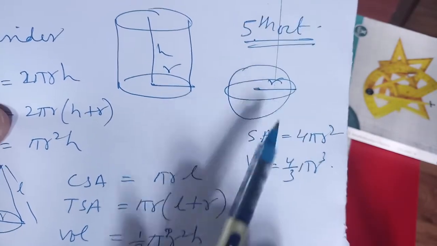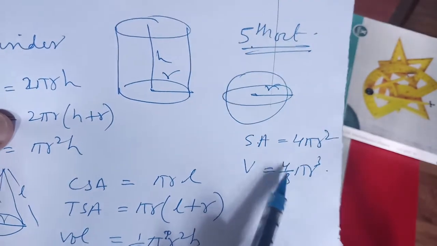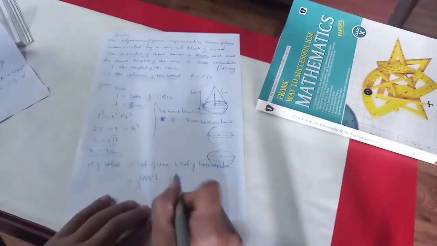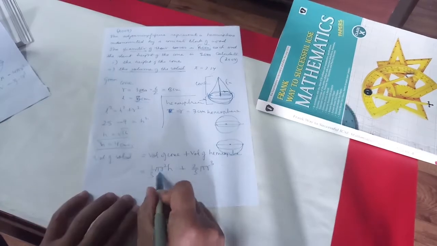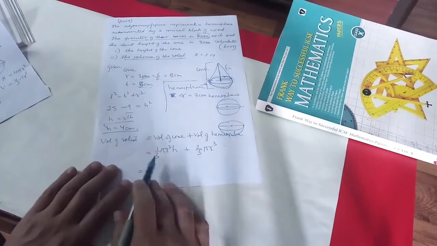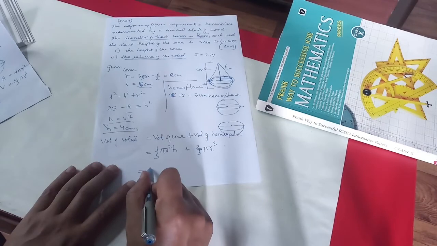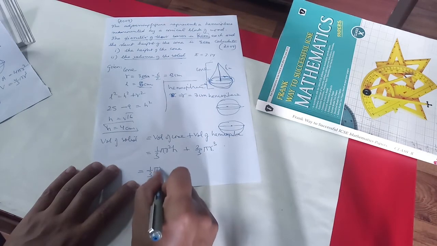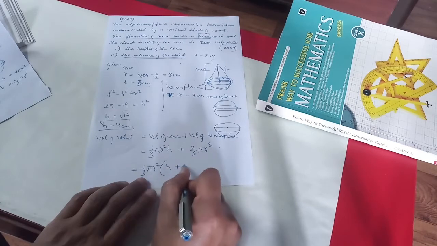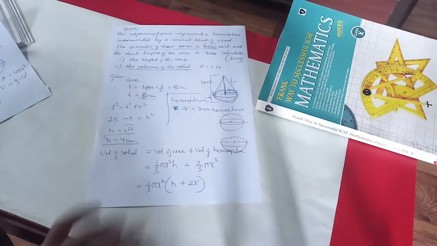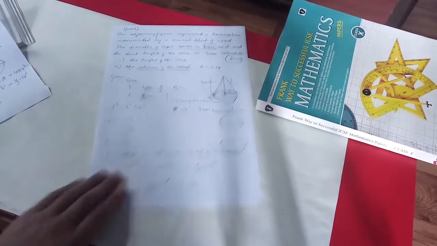But since it is a hemisphere, it will be half, 2/3 pi r cube. Since both radii are the same, you can solve this by taking 1/3 pi r square common. Here you will have h plus here you will have 2r.